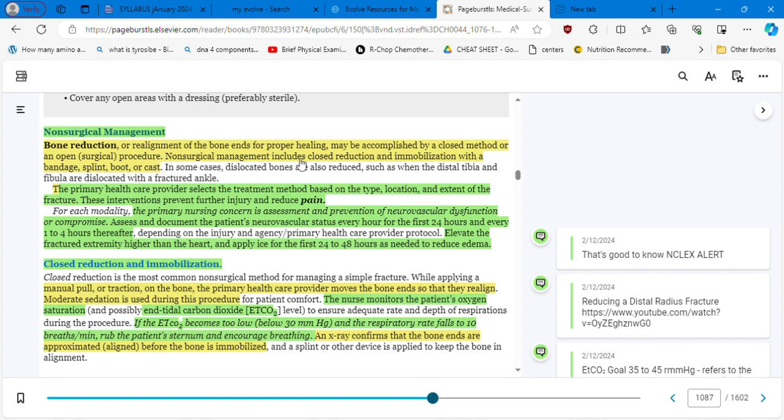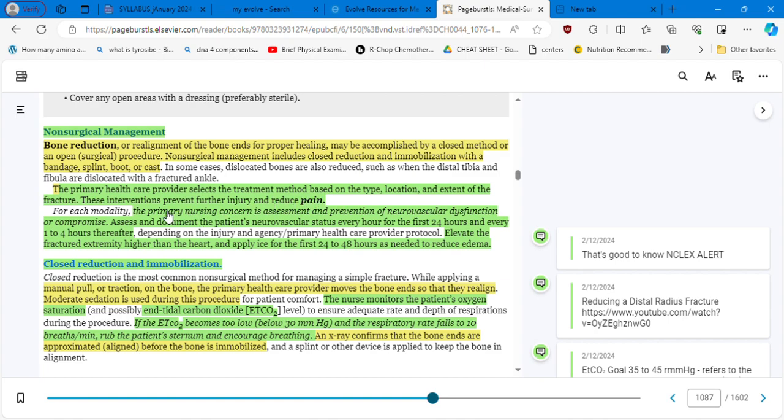Non-surgical management includes closed reduction and immobilization with a bandage, splint, boot, or cast. Okay, this is the closed reduction approach. The primary healthcare provider selects the treatment method based on the type, location, and extent of the fracture. Yes, these interventions prevent further injury and reduce pain.